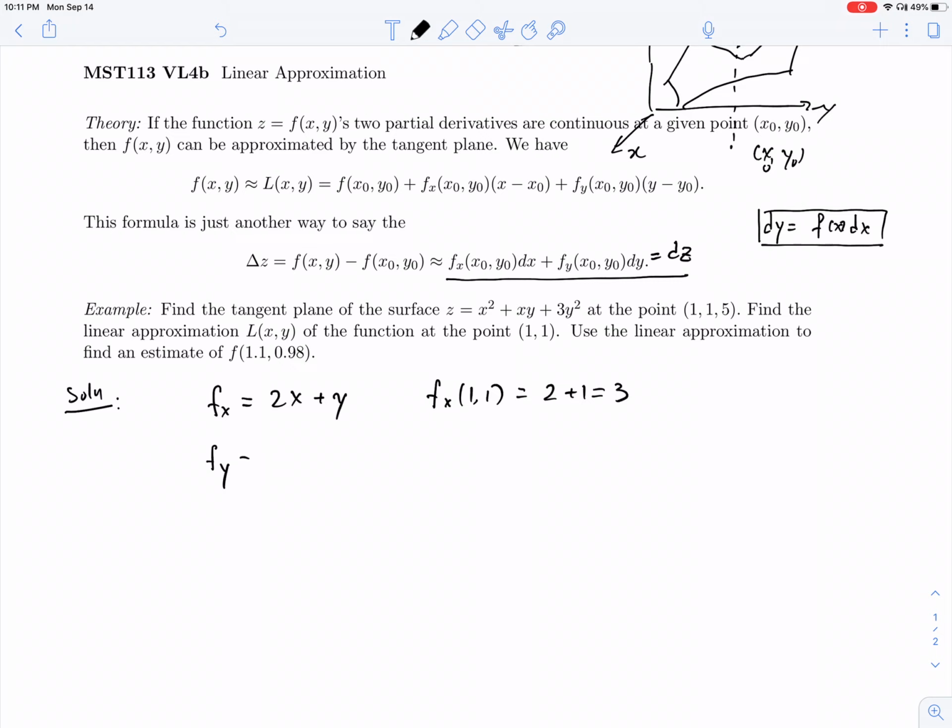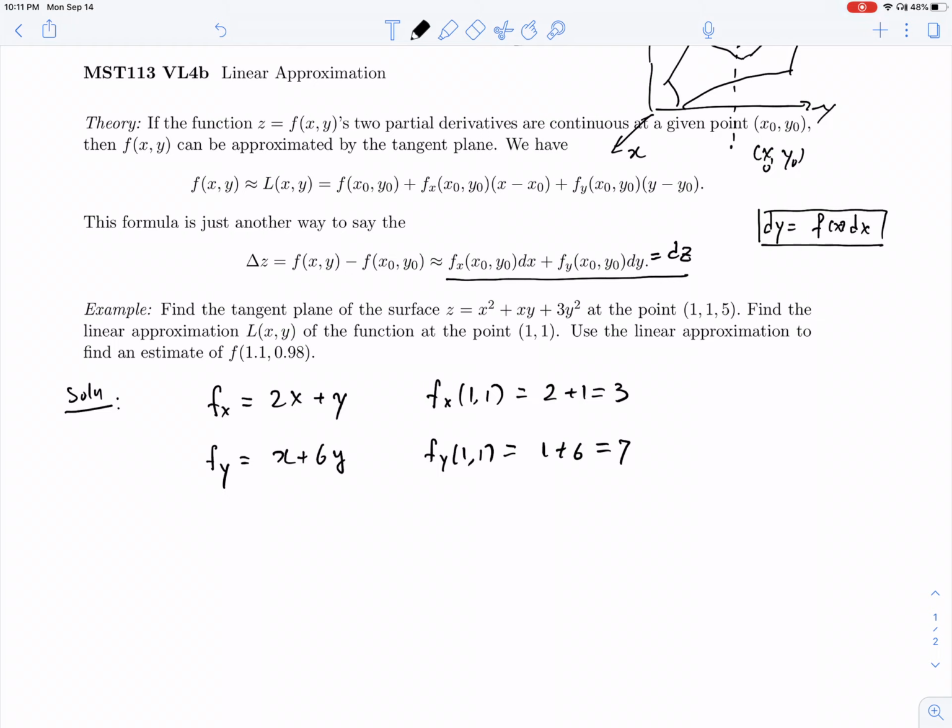The second partial derivative, with respect to y, is going to be x plus 6y. Then f sub y at 1, 1 is 1 plus 6, which is 7.